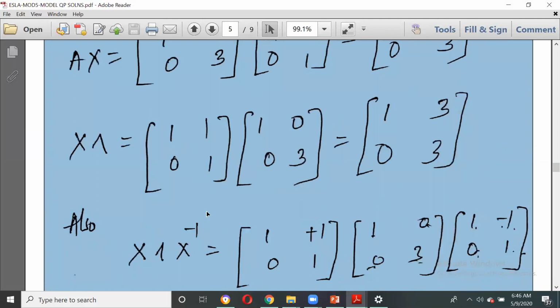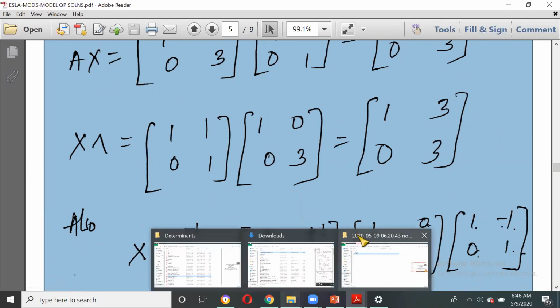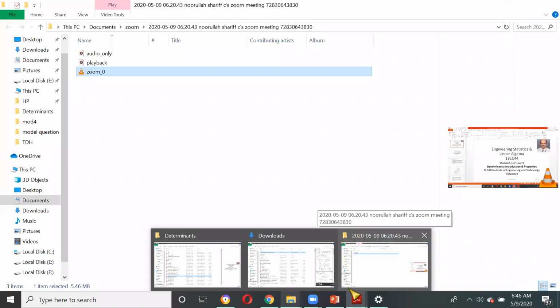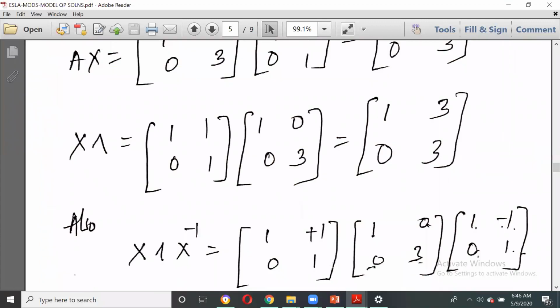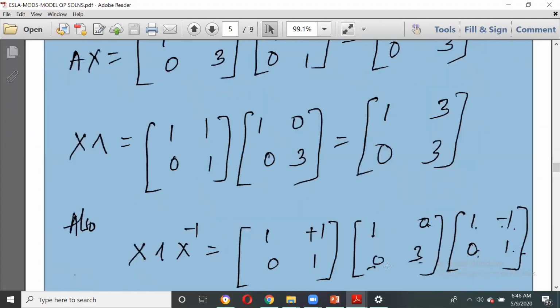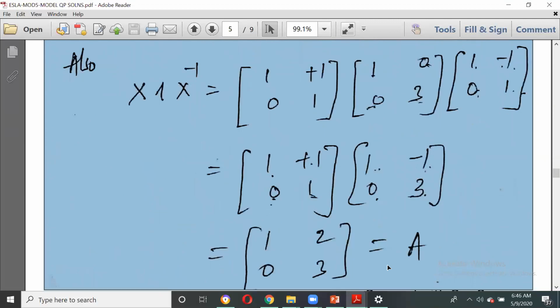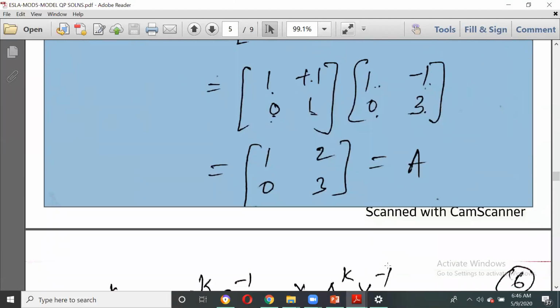Then X lambda is [1 0; 1 1] times [1 0; 0 3], and if you multiply this, you'll get [1 3; 0 3]. So both these are the same. Also, X lambda X inverse, you can write all that and simplify, and you'll get the value A.